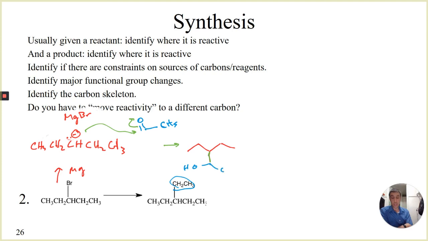And there's that CH3. We aren't quite there yet because we need to get rid of that alcohol. Chemistry that you know at this point, you could try and do an elimination.